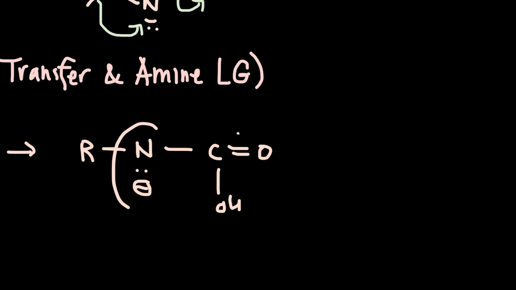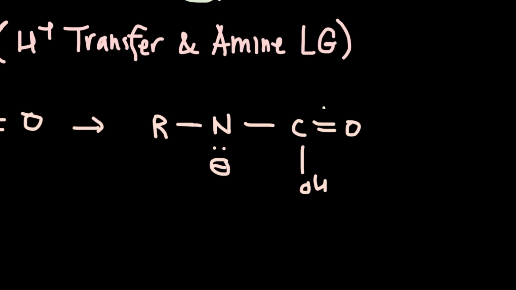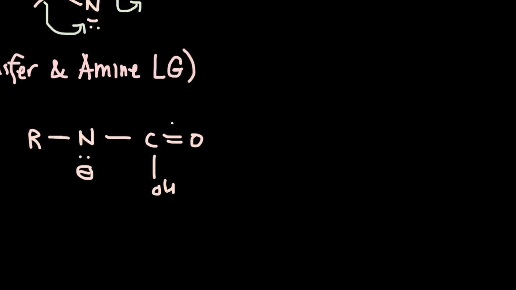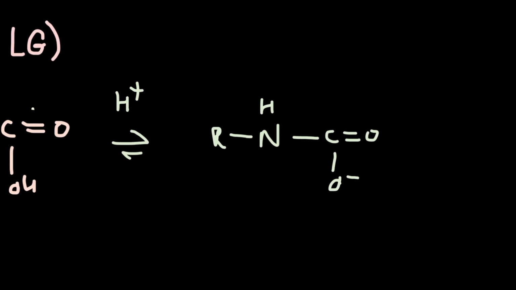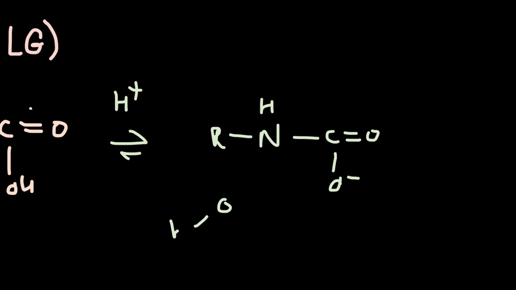And now we want to make this as positive as possible because that will give us the leaving group that we want. So we can do a proton transfer. You just imaginarily pluck this OH off and then put it on the N, even though that's not actually what happens. This becomes neutral because it was negative. But we want it to be positive so that it can be a good leaving group. And luckily we have some water in our solution.